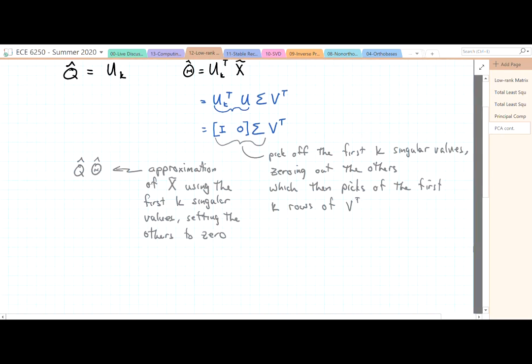And we've already discussed how this is a good way to find our best least squares approximation to a matrix.